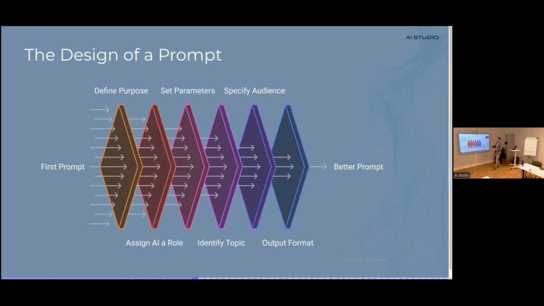Identify the topic, that's a secondary thing, so it doesn't go away from the topic. Specify the audience this output is for, and the output format. You may need a table, maybe Markdown, or maybe bullet points, or some other files that it can generate.